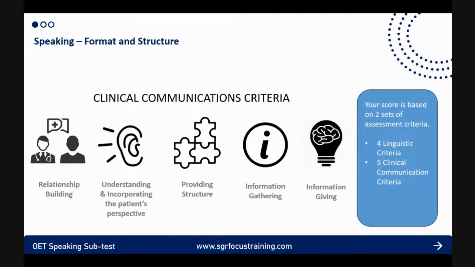Now, the third one is actually a strategy that we're going to talk about a little bit later. This is the strategy of providing structure. Providing structure basically means that you're letting the patient know what things you will do during the consultation, which one will be the first, which one will be the next, which one will be the last.